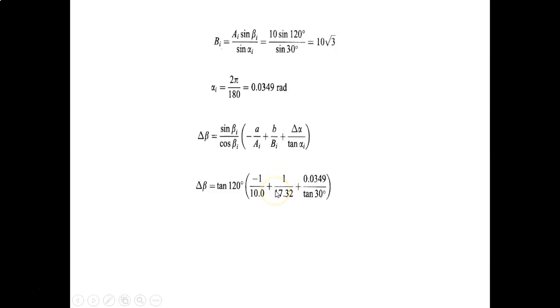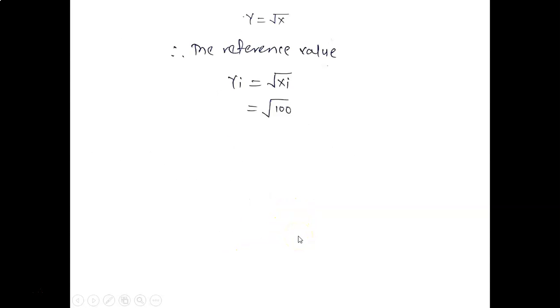Bi is equal to 17.32, plus 0.0349, that is this delta alpha, 0.0349 divided by tan of 30. Therefore, delta beta we are getting as minus 0.314 radian, which is equal to minus 1.8 degree.